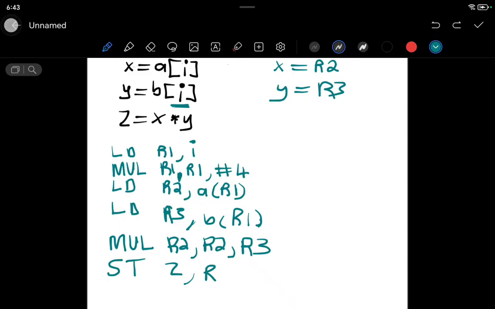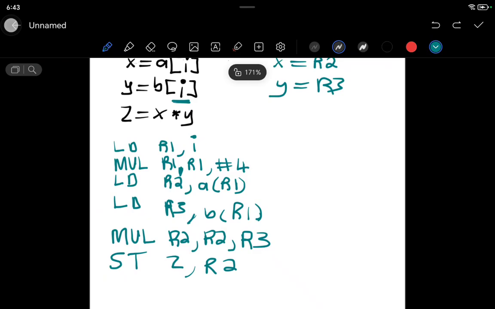So R1 can also be used. You're allowed here to say, I'll use R1 again for this one, because once I store the content of R1 into this, I can use R1. There's no need for me to hold R1 to have something inside. I can still reuse R1.